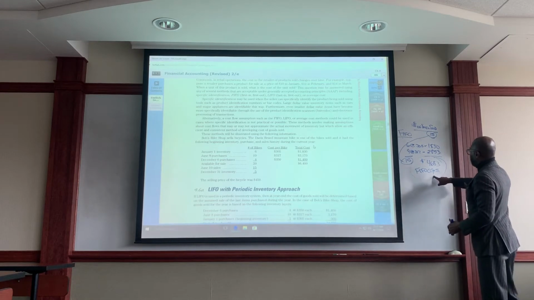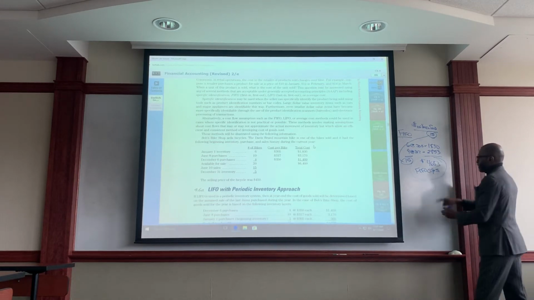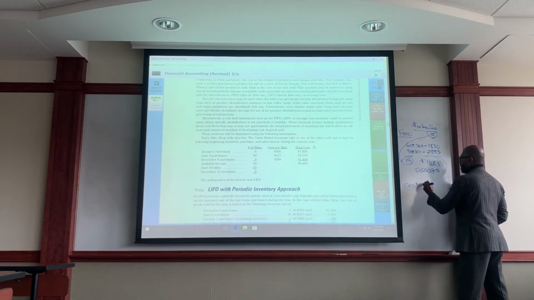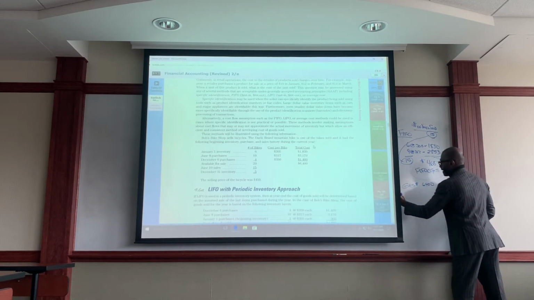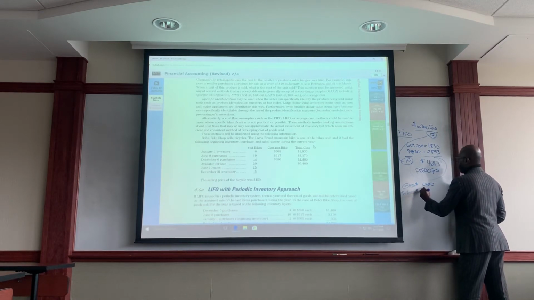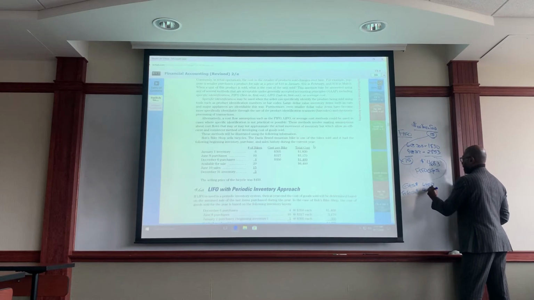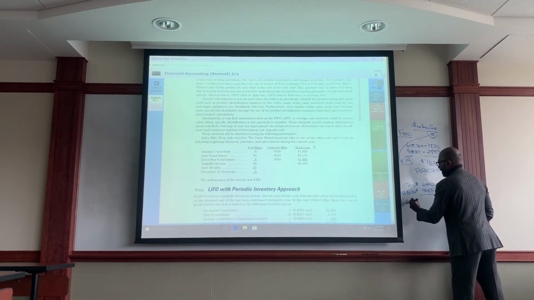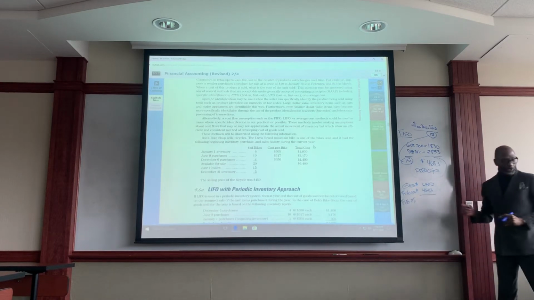Once we determine FIFO cost of goods sold in dollars, we take the goods available for sale in dollars, which is 6,400. We minus the FIFO cost of goods sold in dollars, which is the 4683, and then we get what's called FIFO ending inventory. Look at the problem.